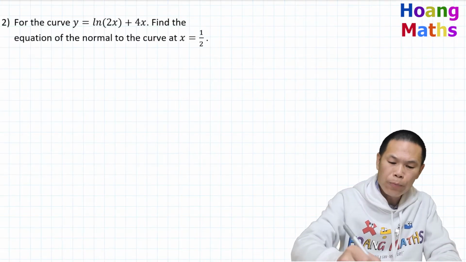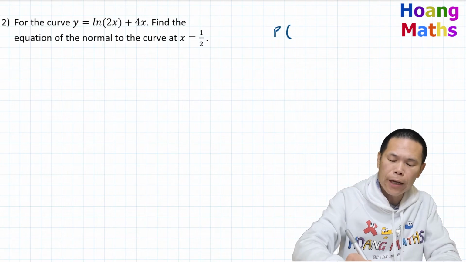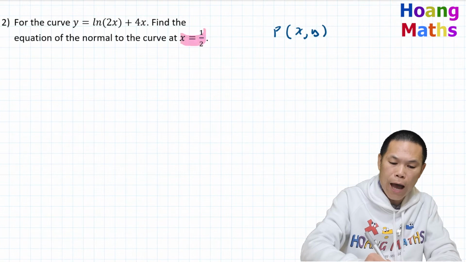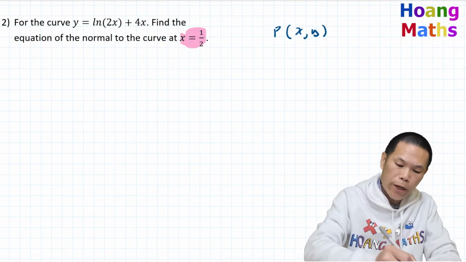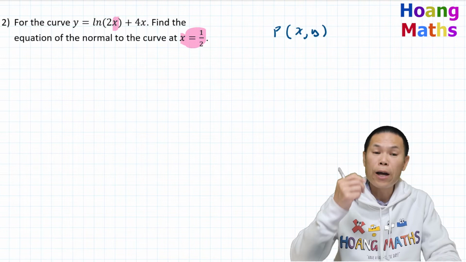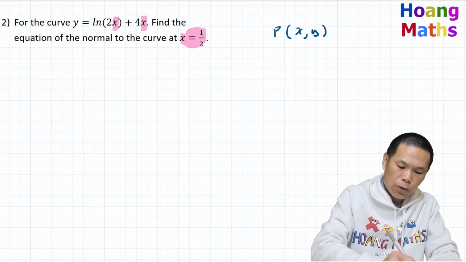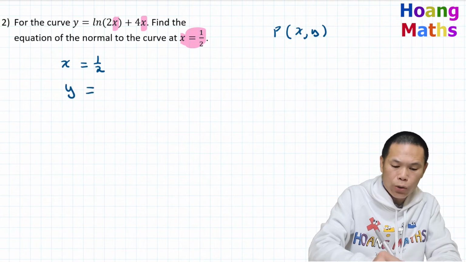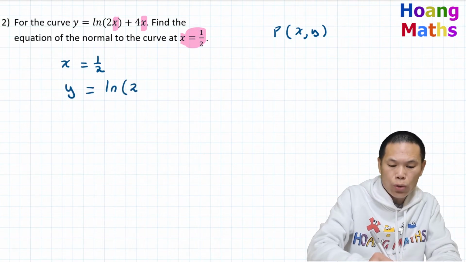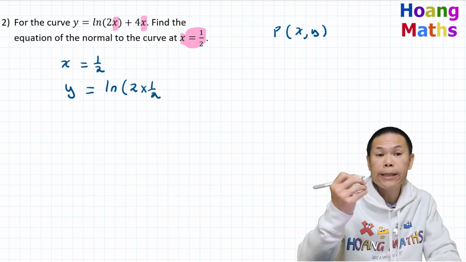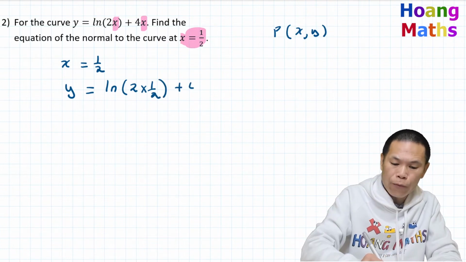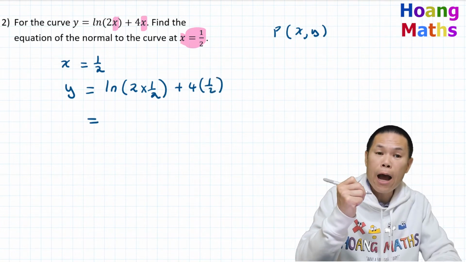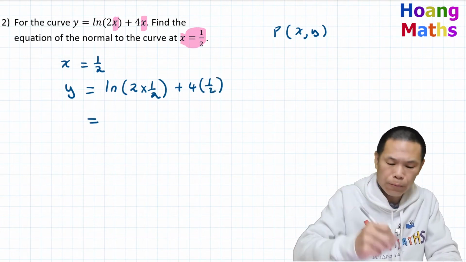So step number 1, we need to find the point first, xy. We know that x is equal to a half. Therefore, we can substitute x in here to find the y value. At x is equal to a half, y is equal to ln of 2 lots of a half, because x is a half, and then we add 4 times a half.